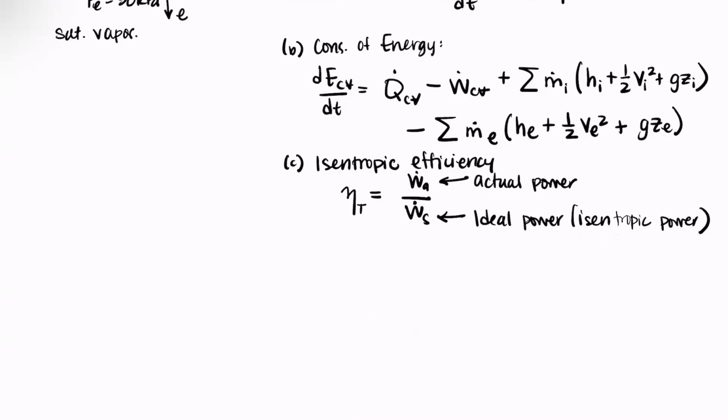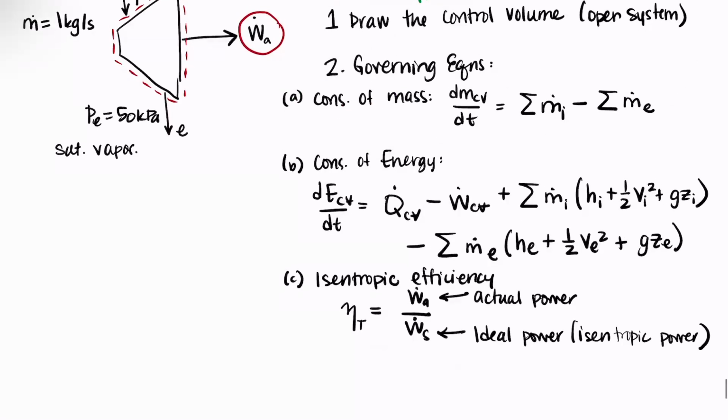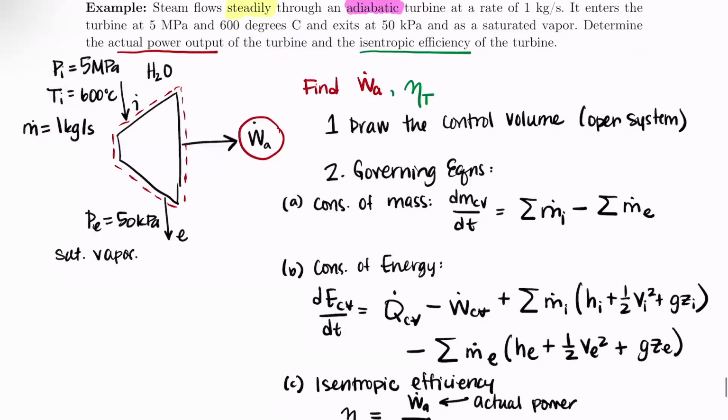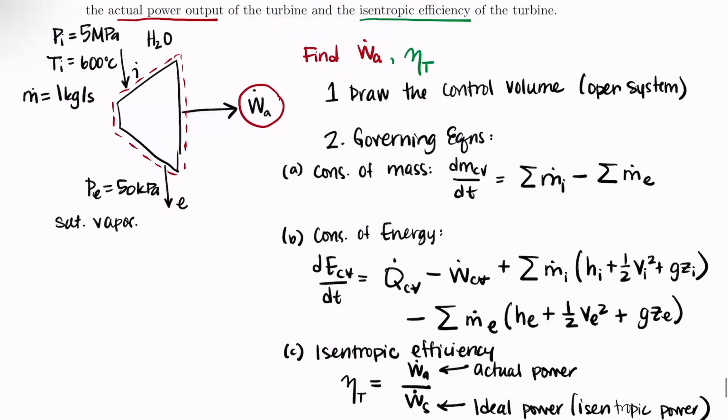And those are all of our equations that we need. Okay. So just to remind you, we are looking for W dot A, and then we're also looking for eta T.